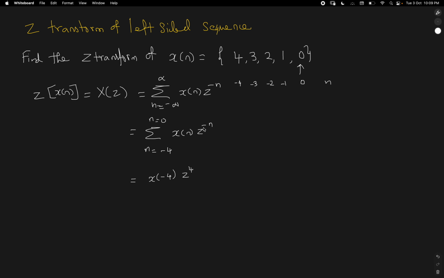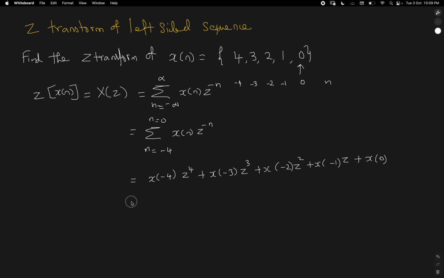Here the minus sign in the power and the minus sign in the n value will be multiplied together and it will be a positive sign, plus x of minus 3 into z cube plus x of minus 2 into z square plus x of minus 1 into z plus x of 0.